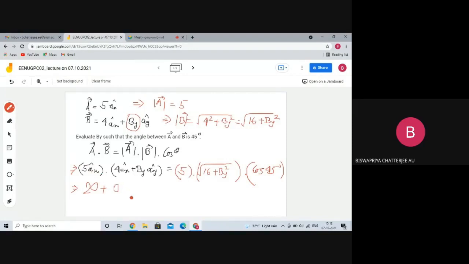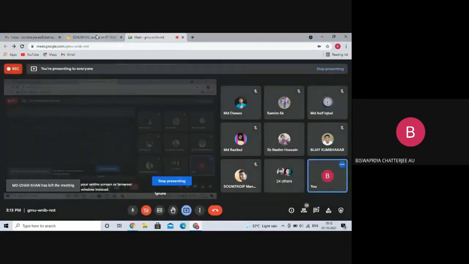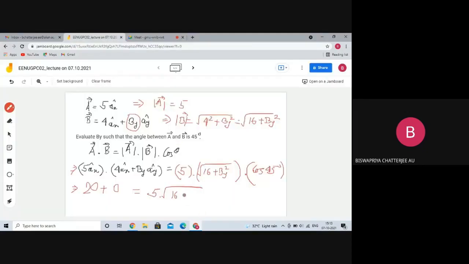So the left hand side would yield 20 plus 0 and the right hand side would yield this factor 5 into root under 16 plus by square. Sir, answer is 4. I don't know really.